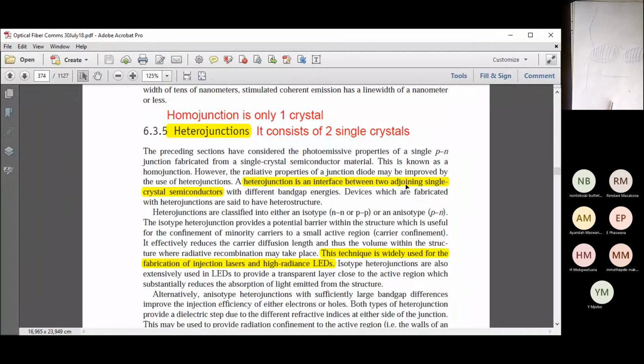A heterojunction is between two adjoining single crystal semiconductors. Right. So this technique is used for the fabrication of injection lasers and high radiance LEDs. These days they make very bright LEDs, and that's what they do. They use this heterojunction. Very interesting.